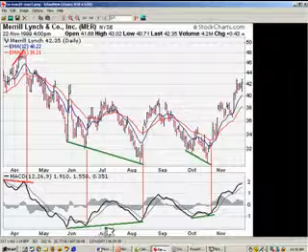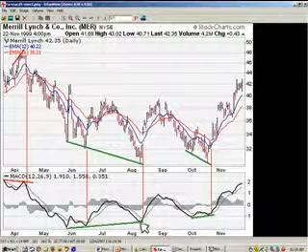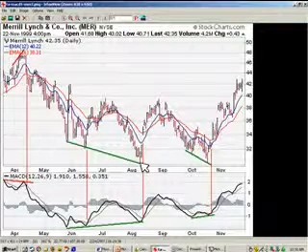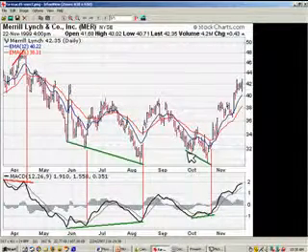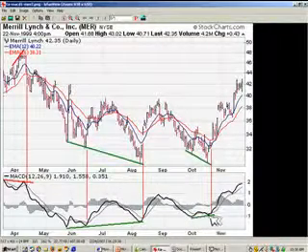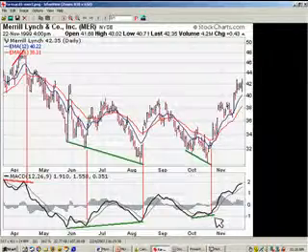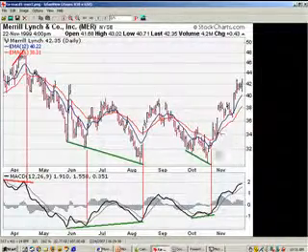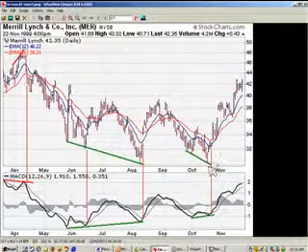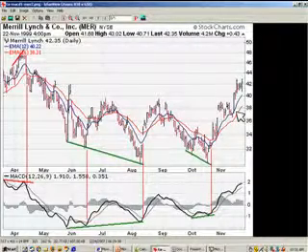MACD is warning us that the momentum of this down move was weakening, and therefore a change was imminent. One more time, another example of a divergence: lower lows in price, higher lows in MACD, and then immediately followed by a MACD crossover and a change in direction.